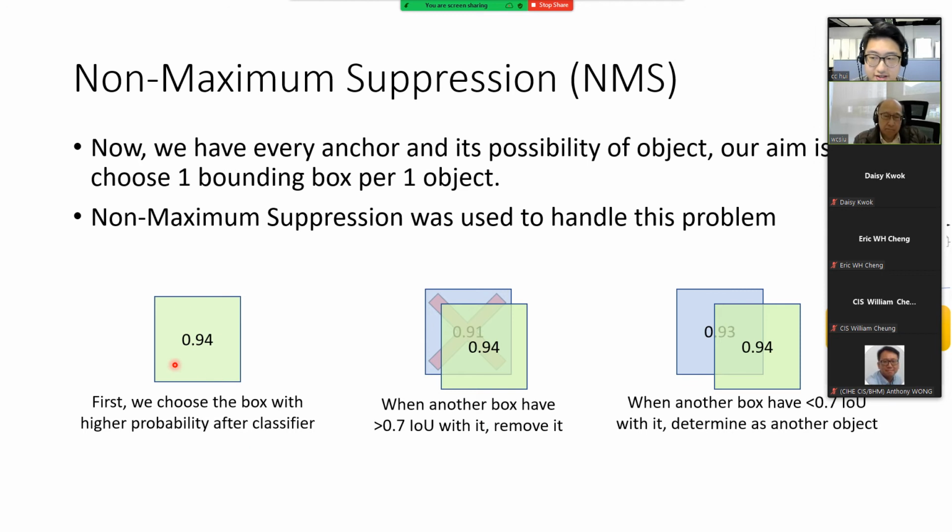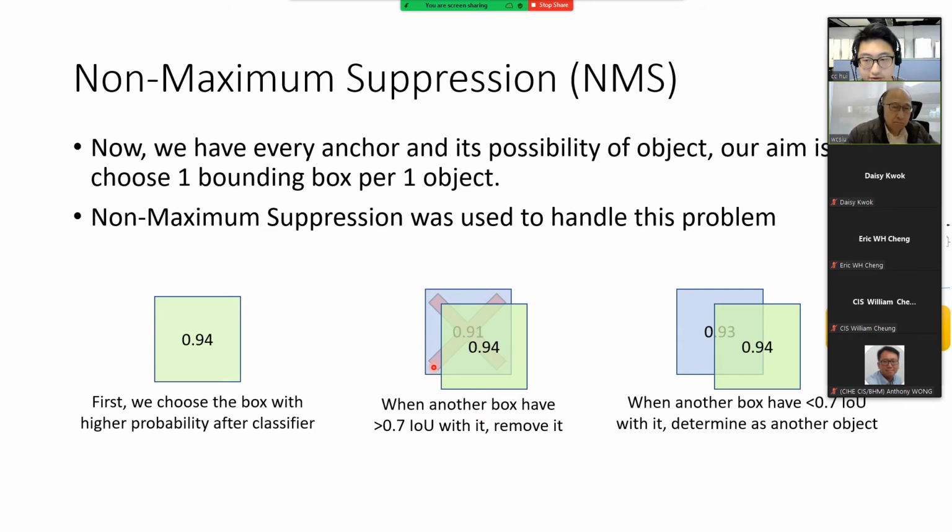Here it is 0.94. Of course there will be some surrounding boxes with similar probability, but because it's higher we choose it first. When another box has, let's say, 0.7 IOU with it, which means it overlaps most of its area, we remove it.